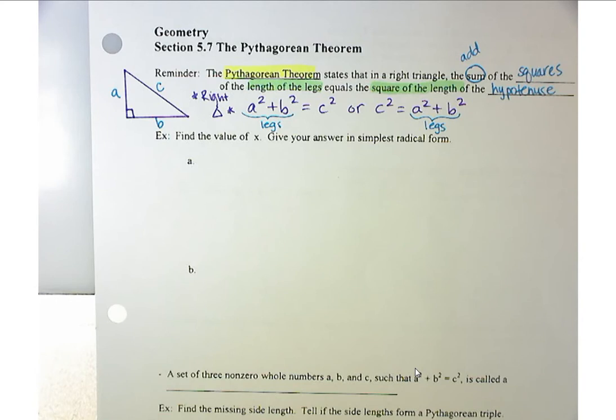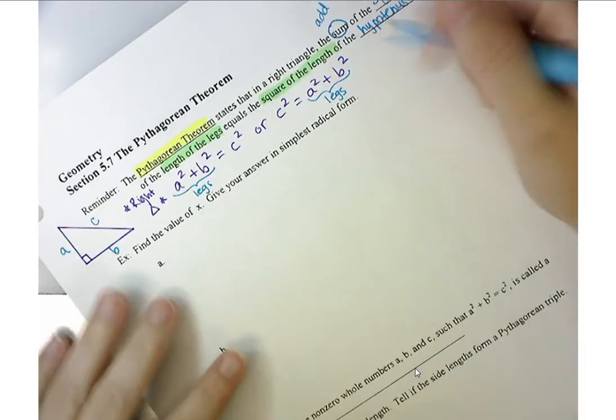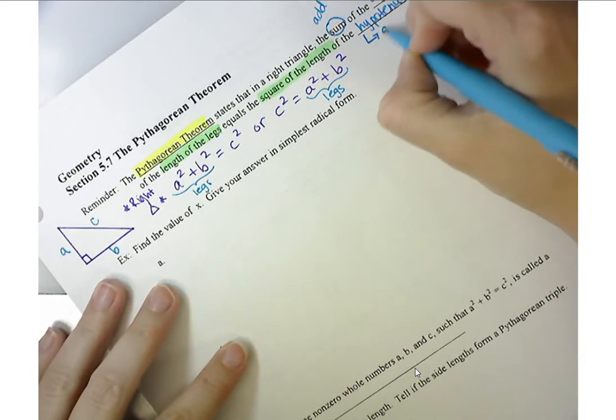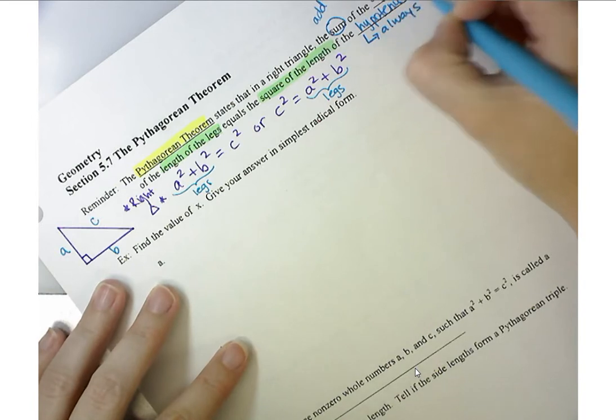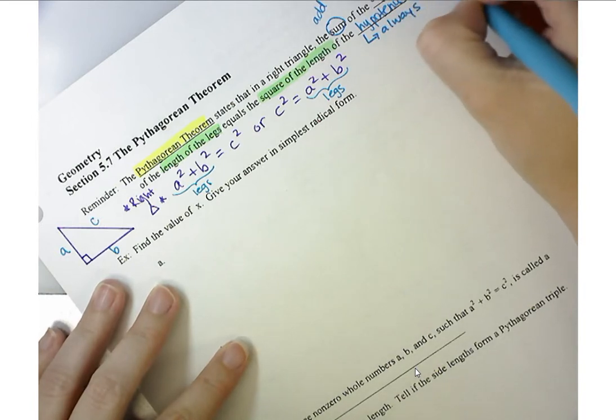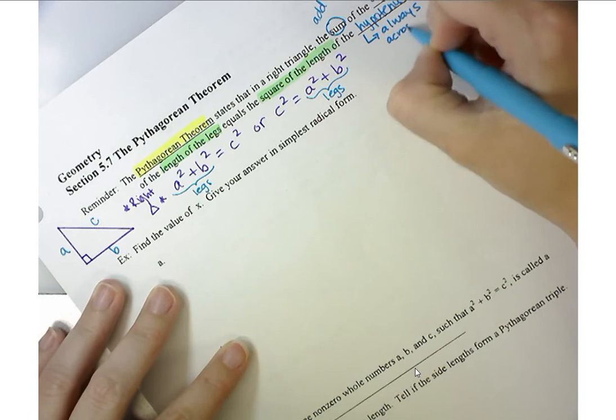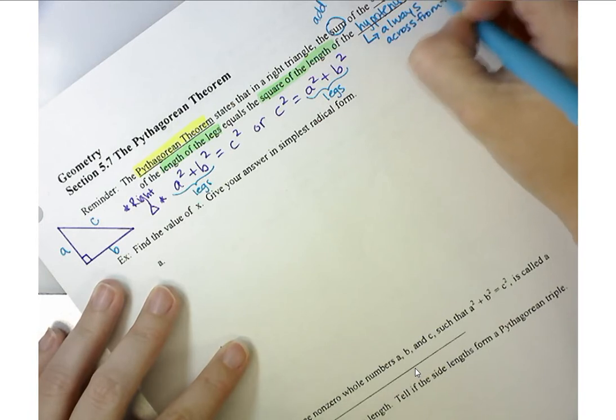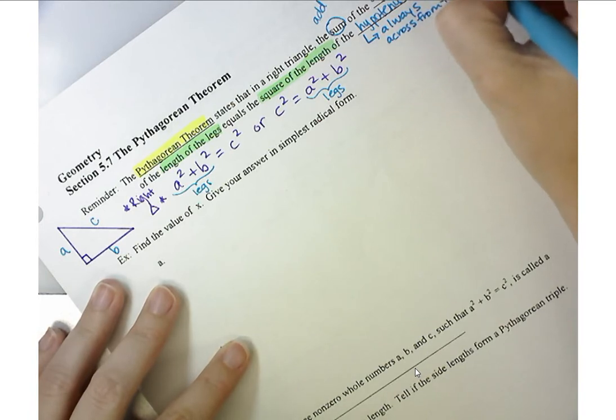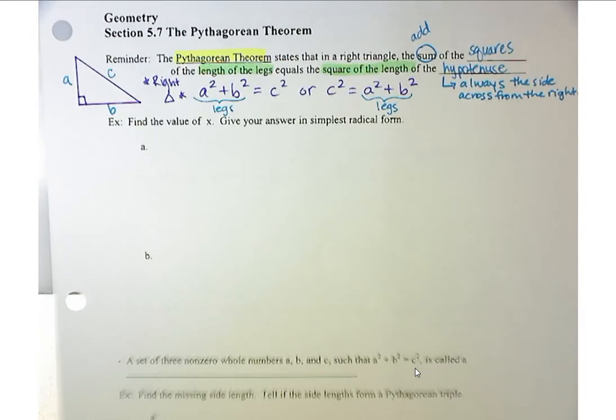Yes, okay, so the hypotenuse is always across from the right angle. Okay, so your hypotenuse is always the side across from the right angle.